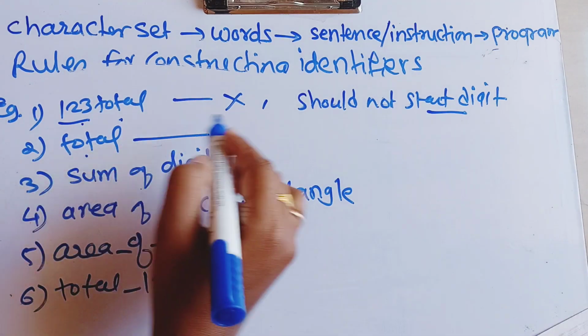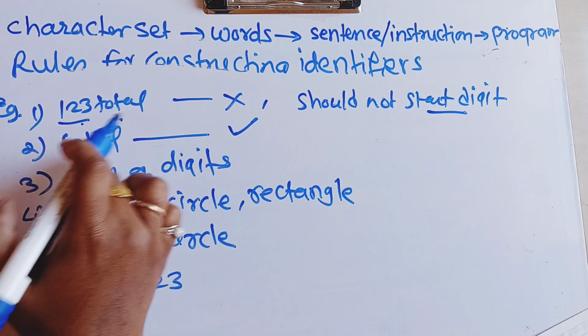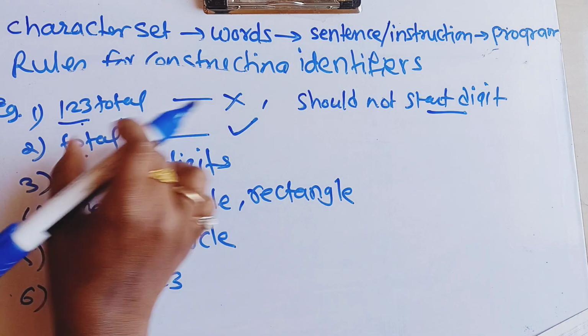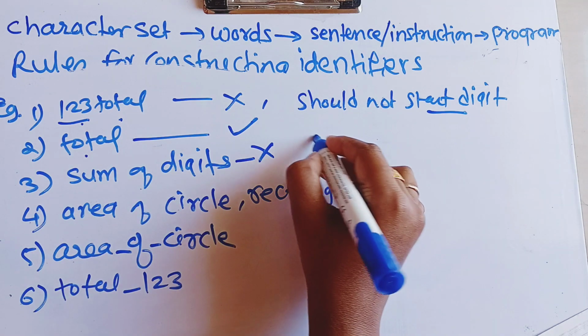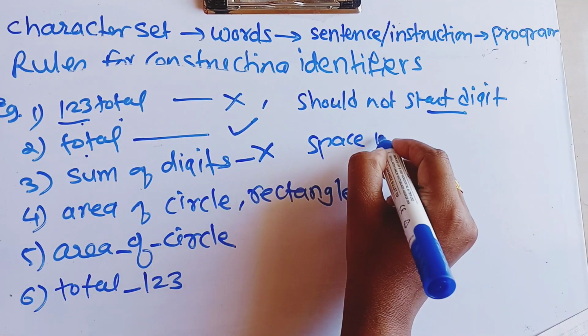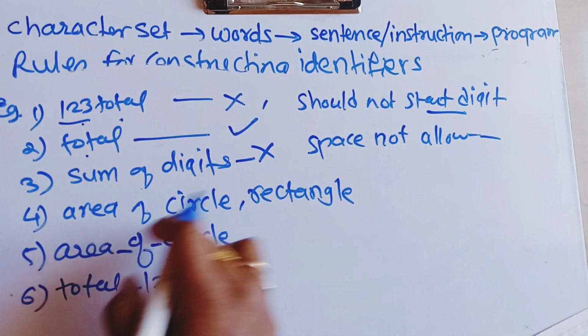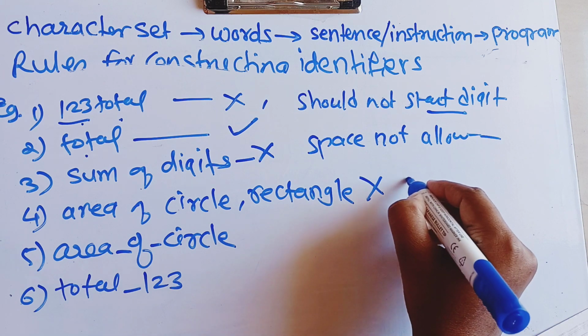Total, it is valid. Why? Because it is starting with an alphabet, followed by alphabets or digits. Now, is the next one valid? It is not valid because space is not allowed. Now let's see the next, area of circle comma rectangle. It is not valid because comma is not allowed.